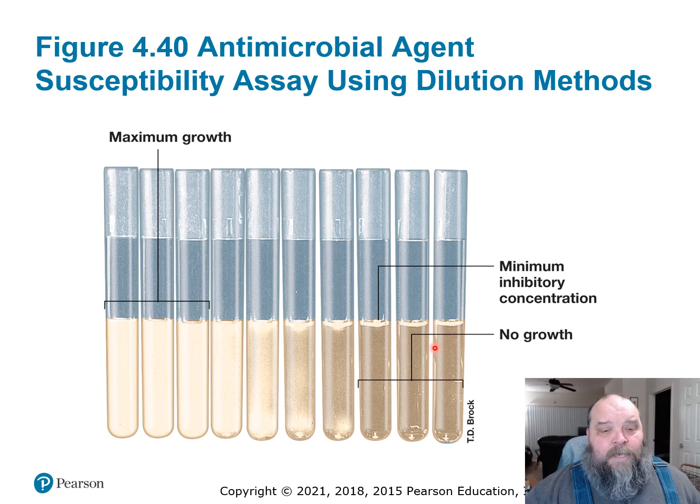At high concentrations of your new compound, nothing grows. At low concentration, everything grows. But there's going to be a tube where it goes from no growth to some growth. That last tube of no growth, whatever that concentration is, is your minimum inhibitory concentration. Anything below that doesn't stop growth. Anything above that is just a waste of your compound.